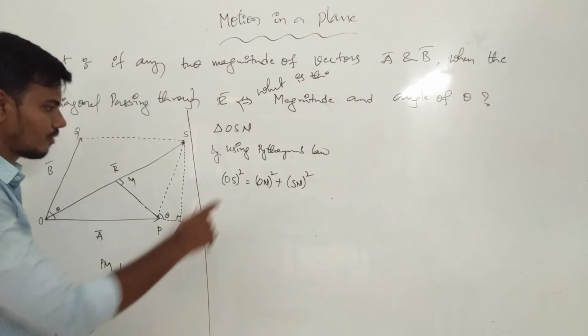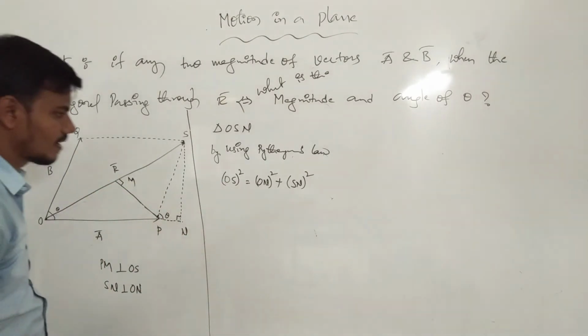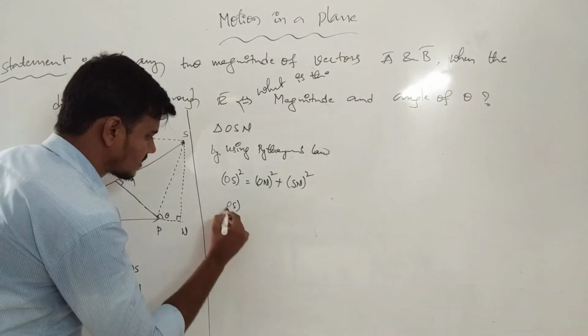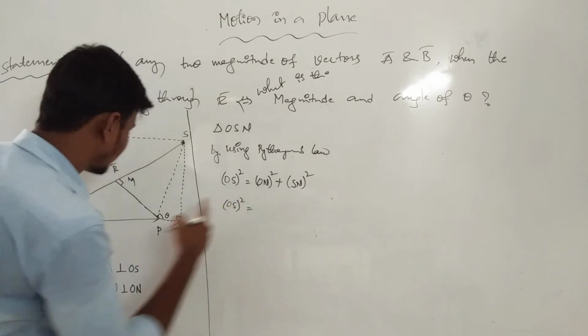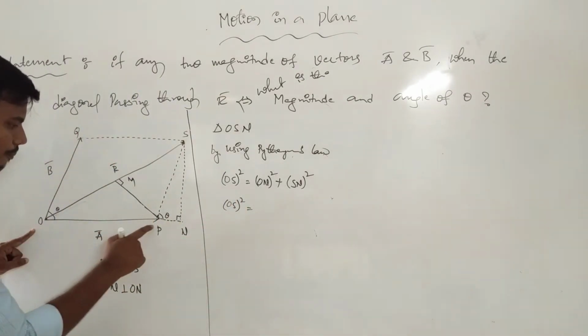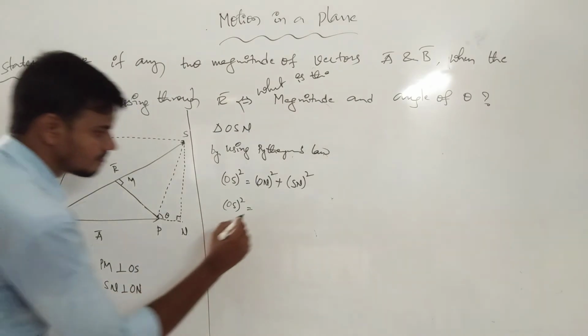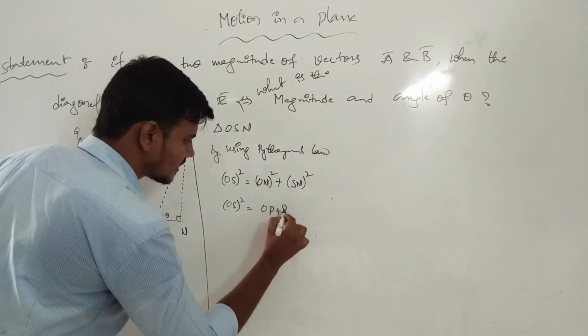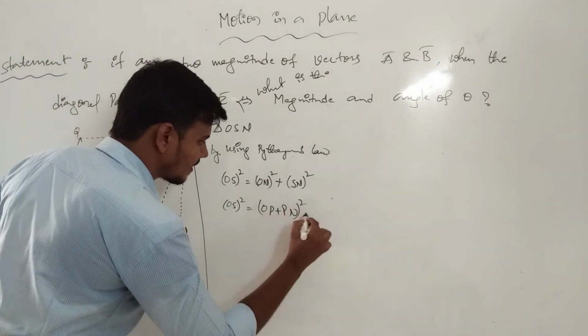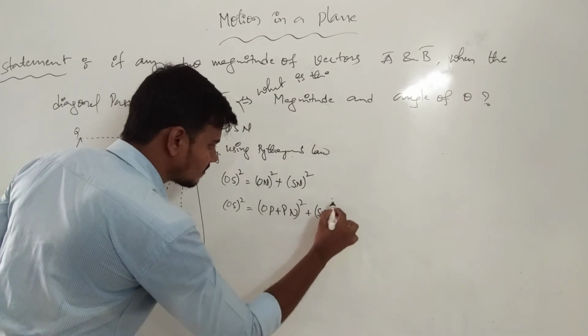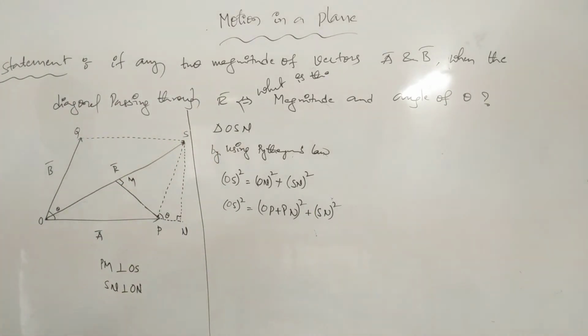Clear one? Now OS is equal to R, which one we have taken. Let's apply this. Now next step: OS square is equal to, ON means OP plus PN, whole square, plus SN square. Clear?